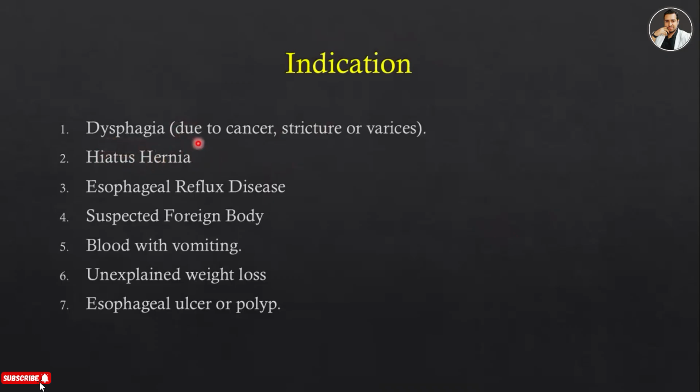Dysphagia means difficulty in swallowing, and there may be various reasons like cancer, stricture, and varices of the esophagus, and then a hiatus hernia, then esophageal reflux disease, and any suspected foreign body in the esophagus, and when the patient vomits blood, and when the patient loses weight, and esophageal ulcer or polyp.